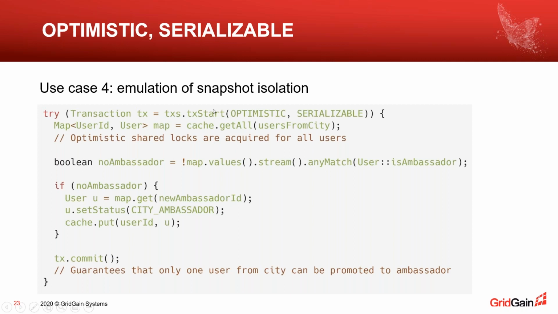So what you can do here is start an optimistic serializable transaction, perform a get all operation, which will query all users that are residents in your city. And after this operation, as you know, locks on reads are acquired starting from repeatable read mode, and serializable is even stronger. In such a case, an optimistic shared lock will be acquired for all users. Two keywords here: they are optimistic, meaning that no real locks will be acquired.